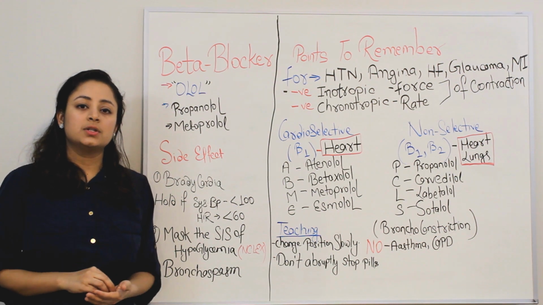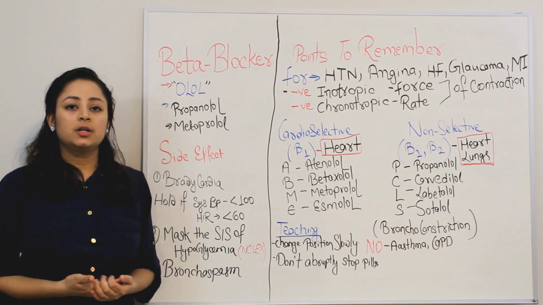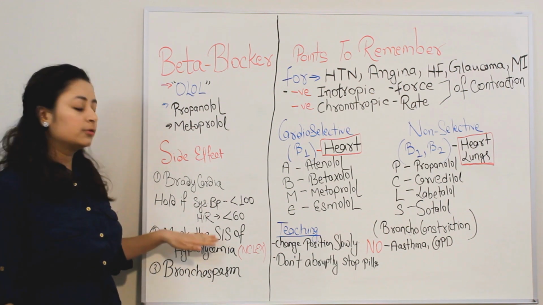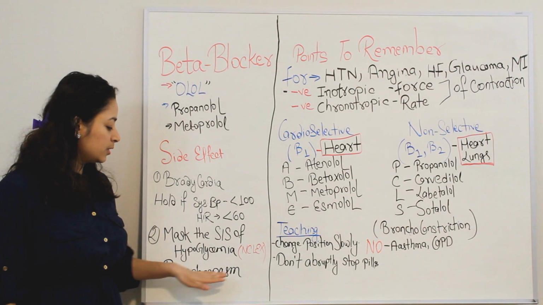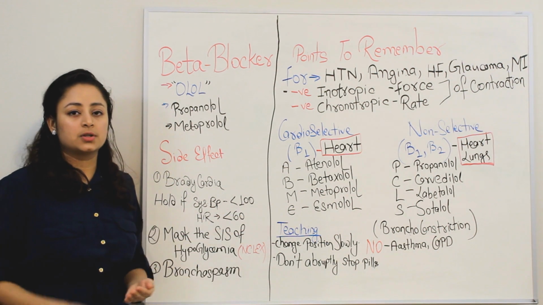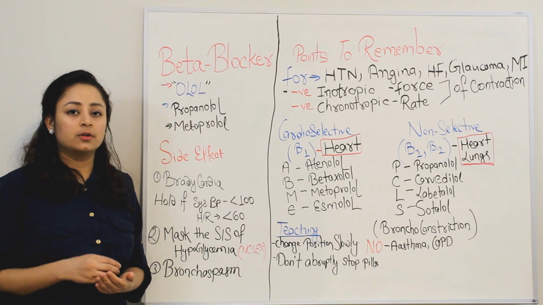So for this reason, we have to periodically monitor the blood glucose level of the patient who is on beta blockers. And the third one is bronchospasm or bronchoconstriction, which can lead to narrowing of the airways.